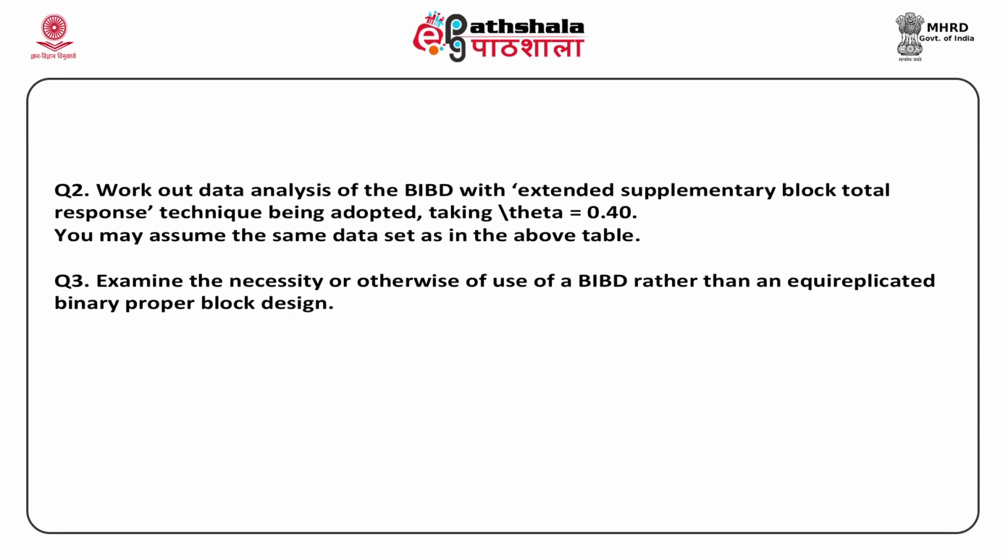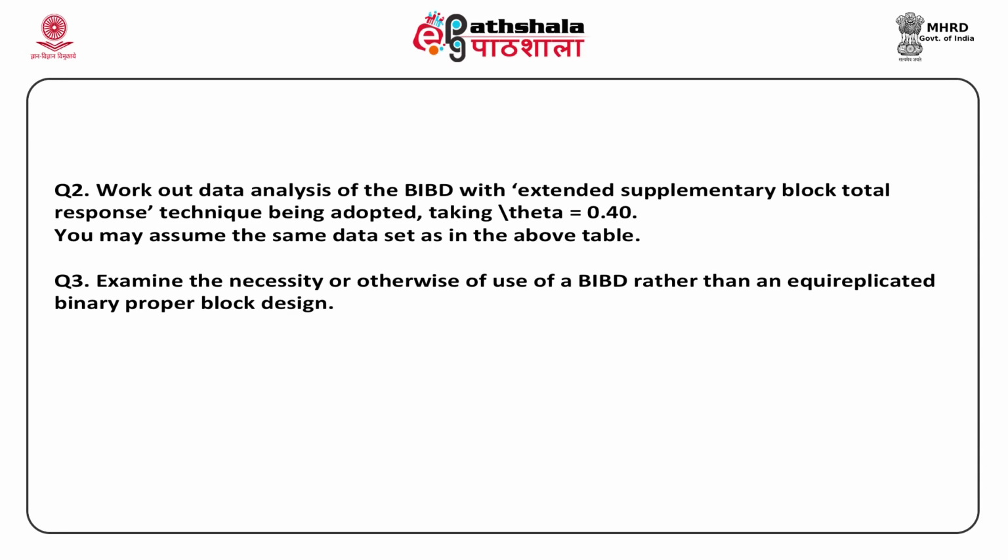That n star was the same number of respondents in every block. So the question is, is it true, is it false, or does it depend on the design parameters B, V, R, K, lambda? That is question number 1.